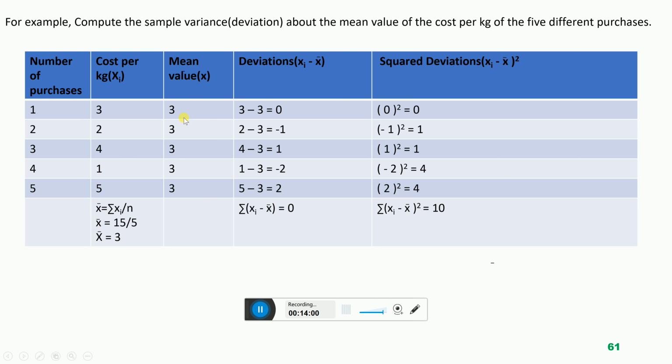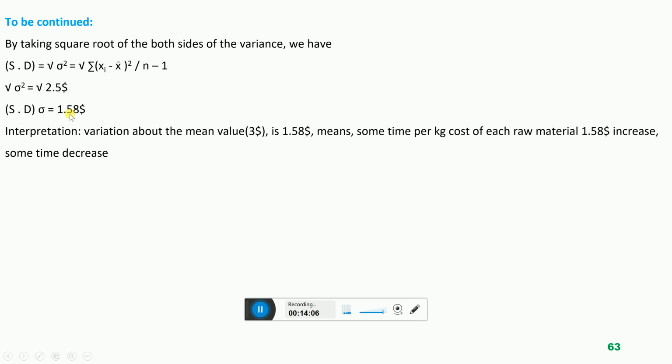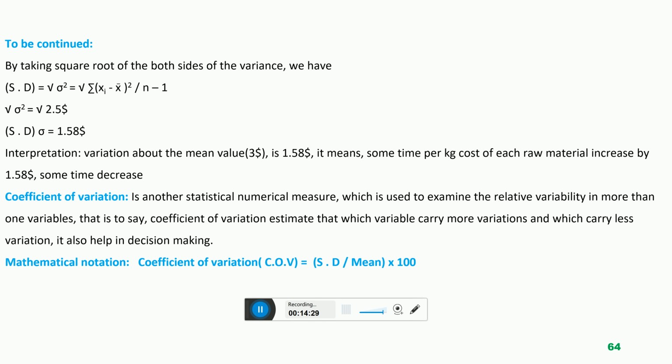The average cost of all 5 different raw materials is $3. And the standard deviation that we calculated is $1.5. What does this mean? This means that the per kg price of every raw material will sometimes increase by $1.5 and sometimes decrease by $1.5. So the price of the raw material is varying, sometimes $1.5 increase, sometimes $1.5 decrease.